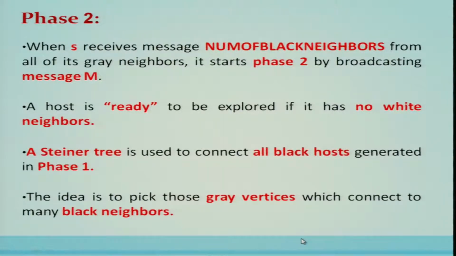So let us say that in phase 1 it starts with the leader S, and in its neighborhood there are some gray nodes formed, and in these gray neighborhoods these nodes are the white nodes.